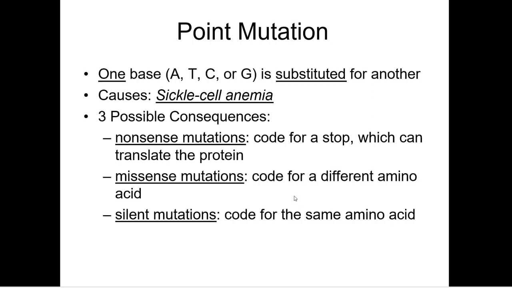Or you could code for a completely different amino acid, and so you're completely changing a total word in the sentence. The first one, if I use the sentence example, is like putting a period in the middle of a sentence, okay? And then silent mutations: it still codes for the same amino acid, and you don't really see too many effects from it because the same amino acid has gone in, okay?